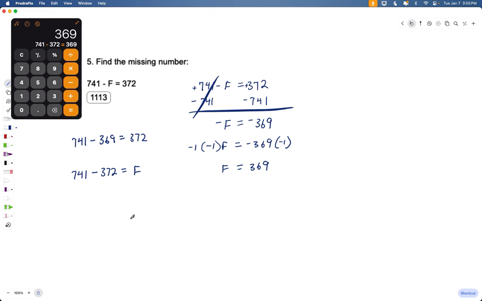That would have then given you the right answer. So you can swap these two when it's subtraction, but you cannot swap the first and the last, okay?